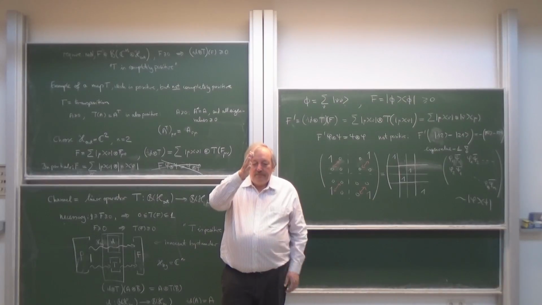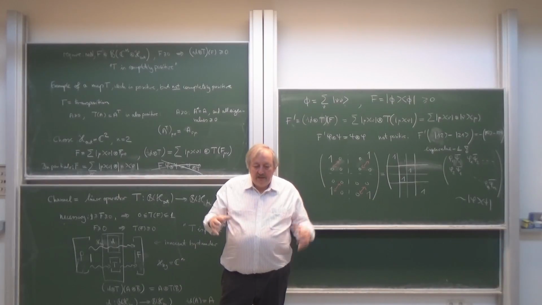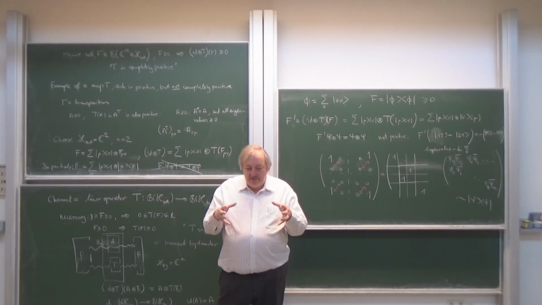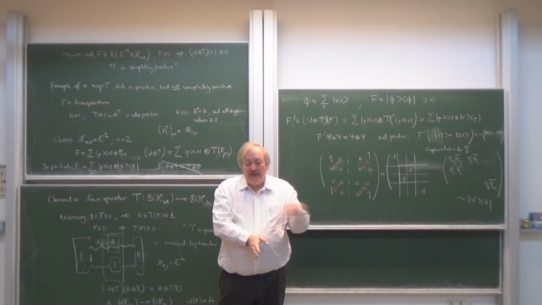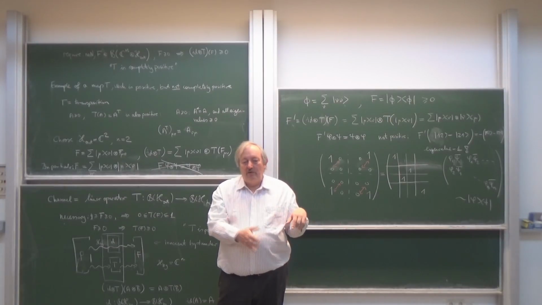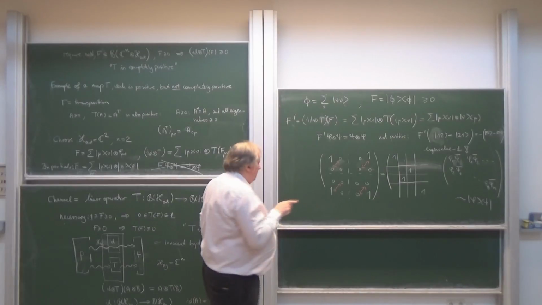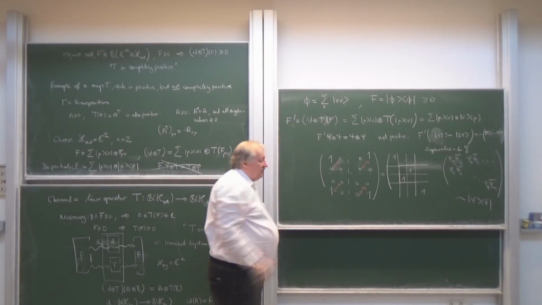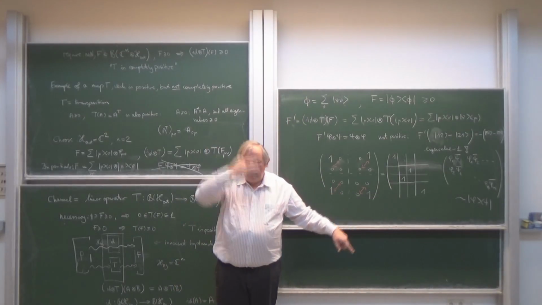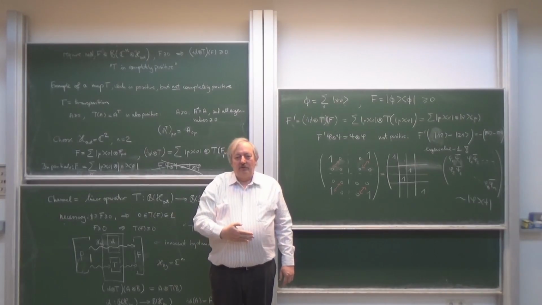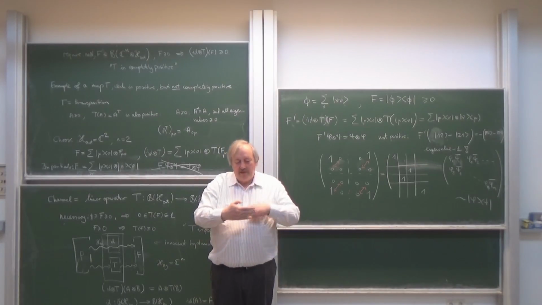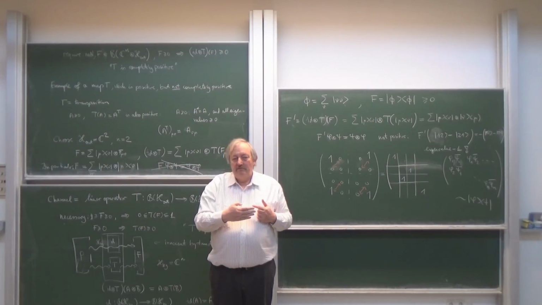So actually, the action of transposition on the Bloch sphere is reflecting, changing the sign of the second coordinate. Well, okay, this is 1, 2, 3. So the plane, this vertical plane, I do a mirror image.